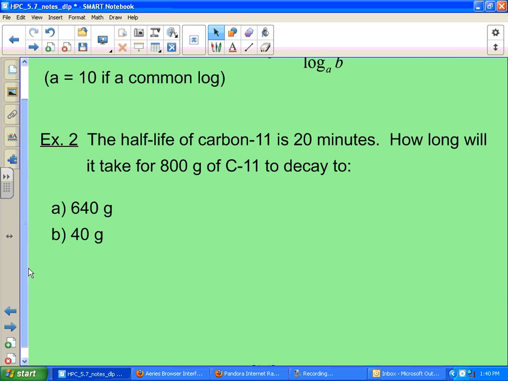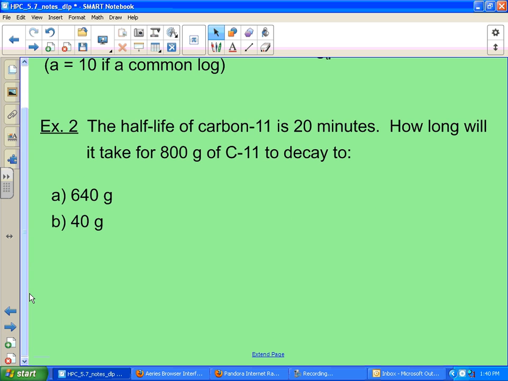Half-life. Carbon 11 is 20 minutes. How long will it take for 800 grams to decay? We've seen problems like this, haven't we? Yes, we have. And remember, we can set these things up depending on how I look at this.